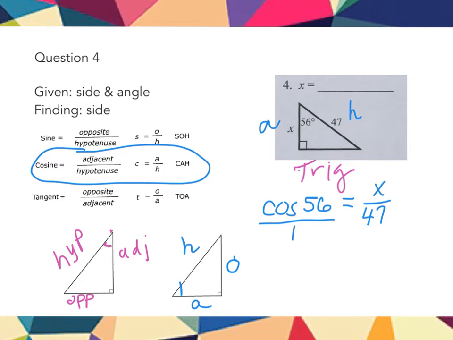So we're just going to go ahead and cross multiply. When I do that, I'm going to write the 47 in front. So I could say 47 times the cosine of 56 equals, and that's going to be 1 times x, which I know is just x.